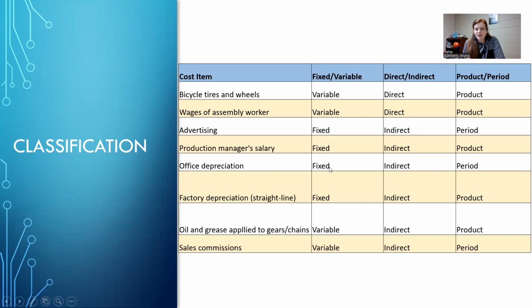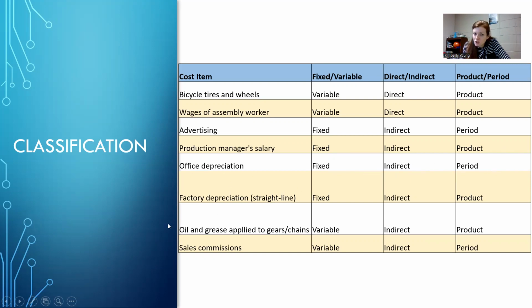How about depreciation? I told you it is fixed, assuming that it is straight line depreciation, and it is indirect. I can't say my office depreciation is going directly in, or this much going for each product. And since this is office depreciation, that would be a period cost. That's going to go directly in the income statement.